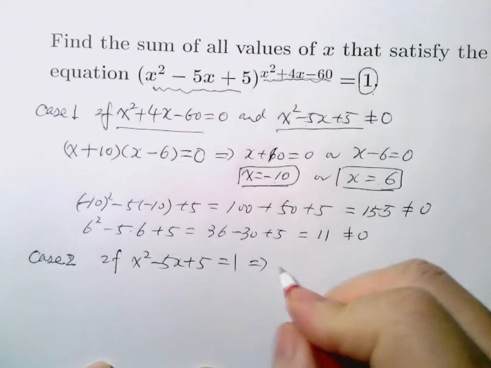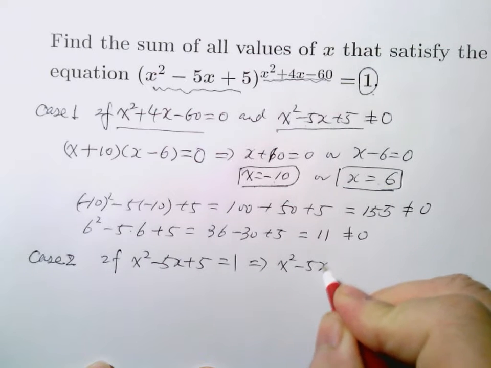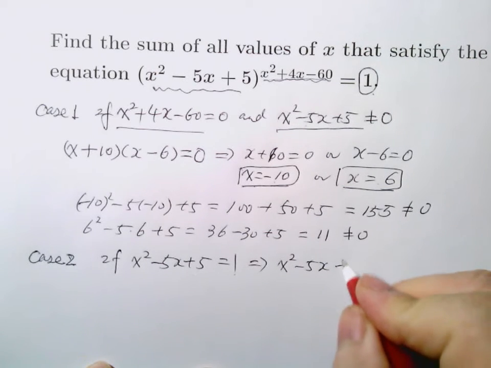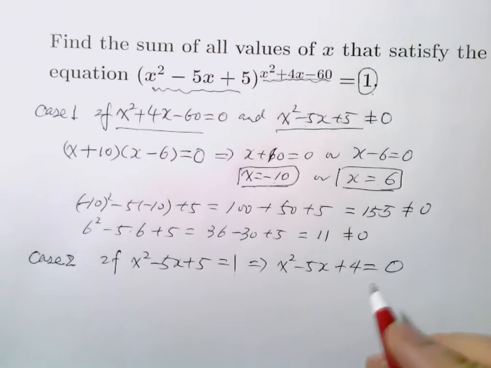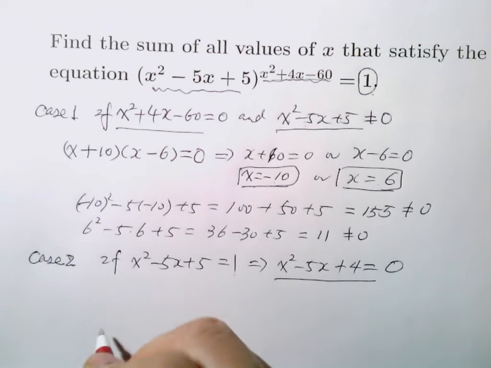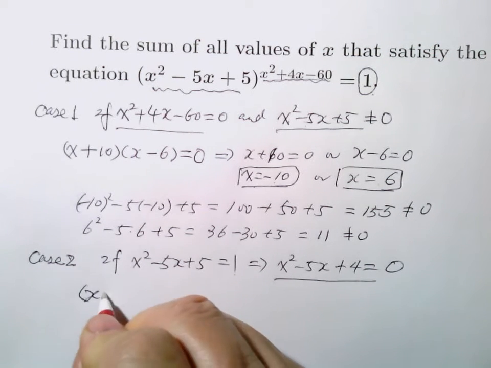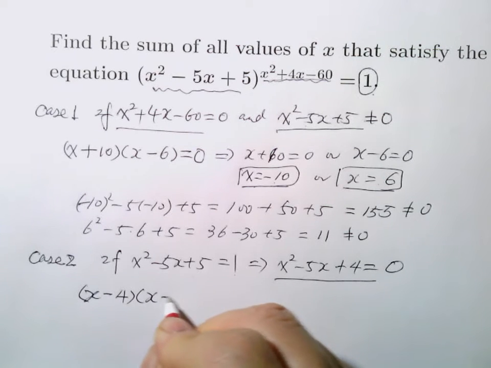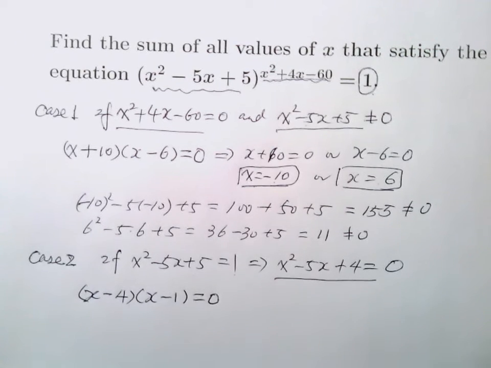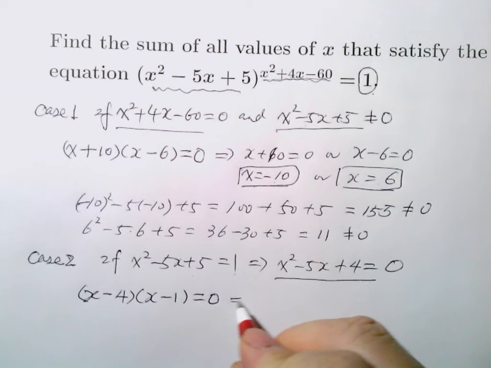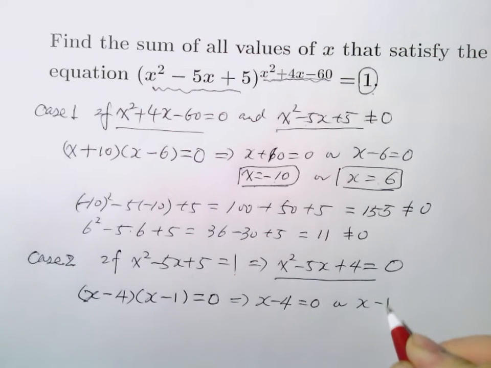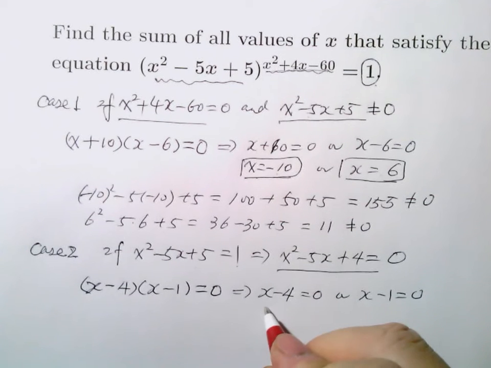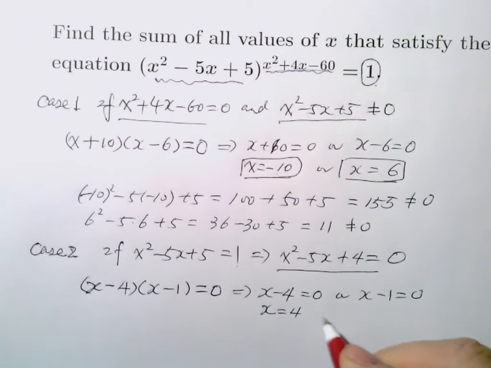We get x squared minus 5x plus 4 equals 0, subtracting 1 from both sides. This can be factored as x minus 4, x minus 1 equals 0, which indicates x minus 4 equals 0 or x minus 1 equals 0, which leads to x equals 4 or x equals 1.